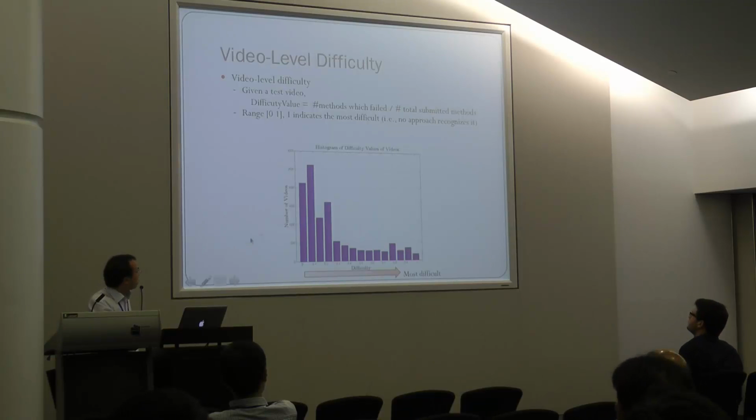Here is the histogram. The right side is the most difficult, and this side is easier. The y-axis is the total number of videos corresponding to the different difficulty scales. We can see that almost 65% of the videos are correctly classified by the majority of the submissions.